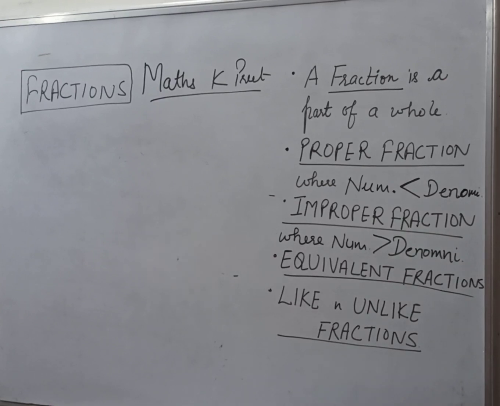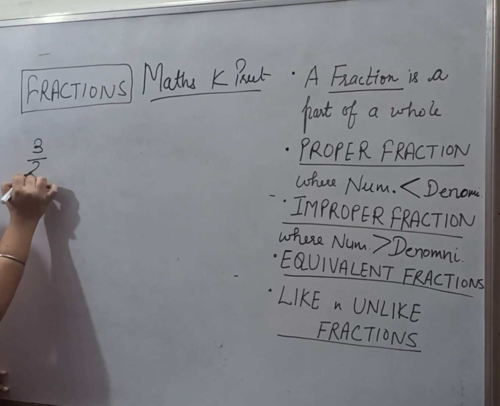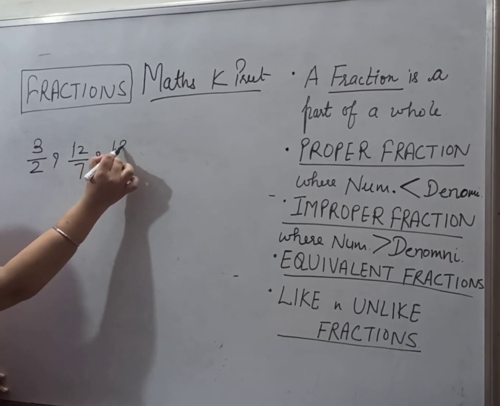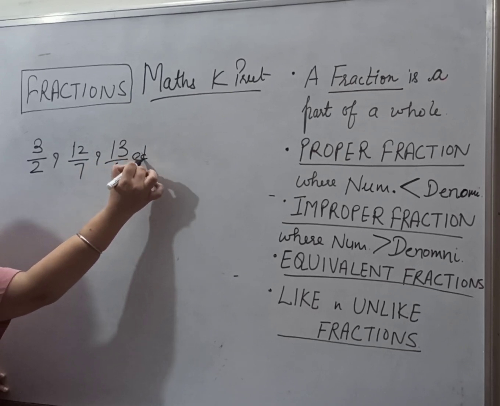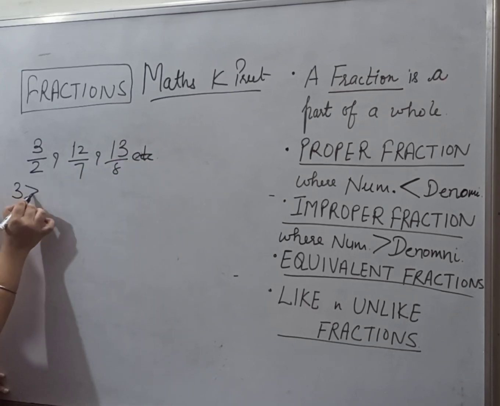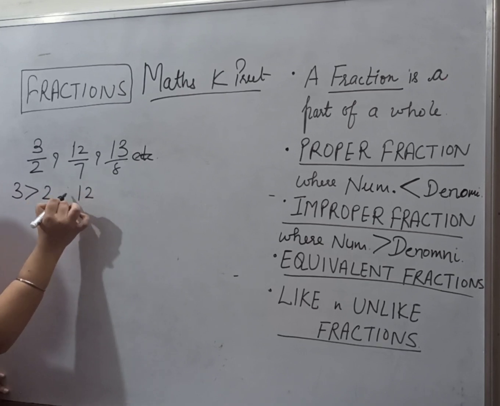Let's take examples of it. Say 3 by 2, 12 by 7, 13 by 8, etc. Here in all the examples, the numerator is greater than the denominator.